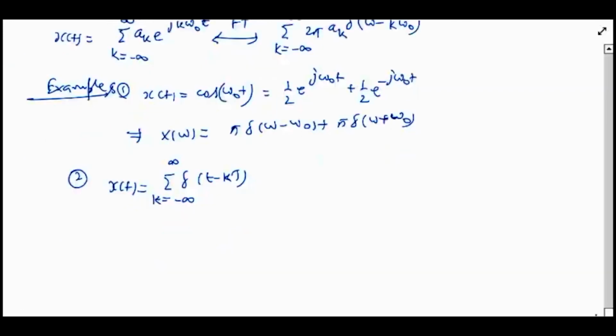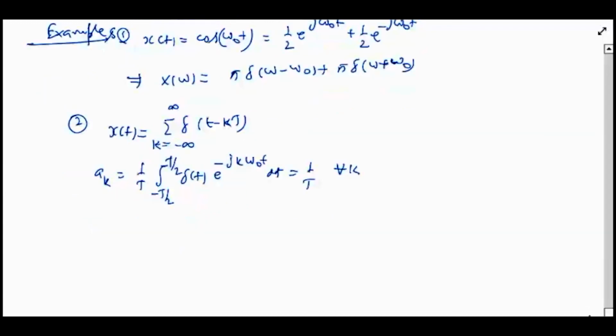In this case, we can compute the Fourier series coefficients of x(t) as follows. a_k is 1 over T times the integral from minus T by 2 to T by 2 of delta(t) e^(-jk omega naught t) dt, which is 1 by T for all k.